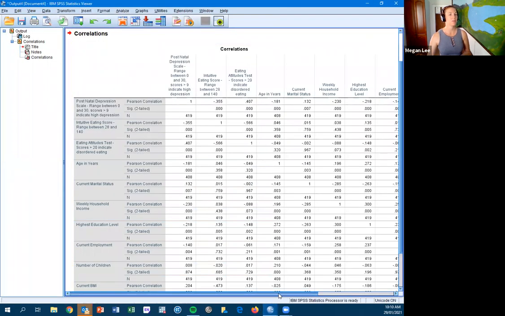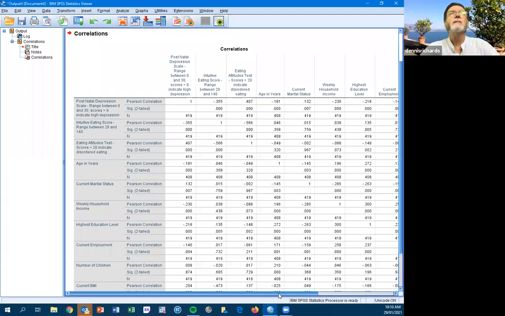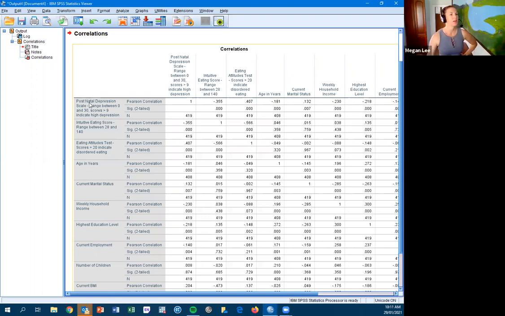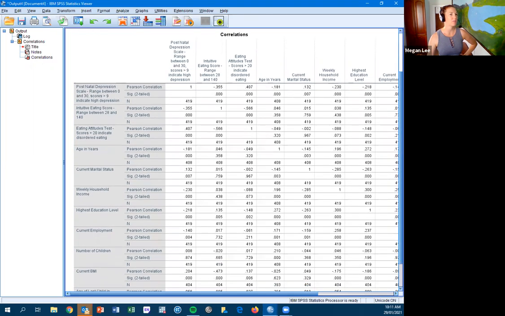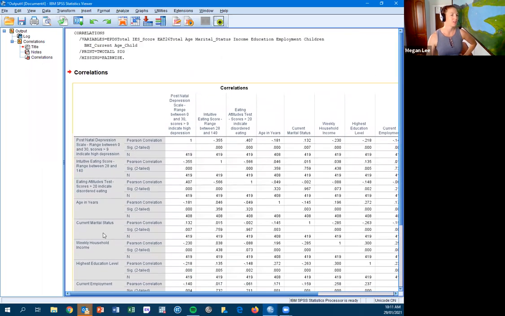Now, do we remember how to read this? Yeah, vaguely. All right, we'll go through it again. So depression is our first line, and you pretty much only really need to read that first line to see what the relationship between depression and all of our other variables are. So the first column is depression.